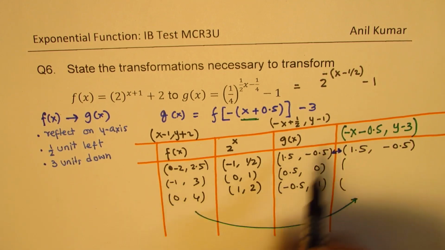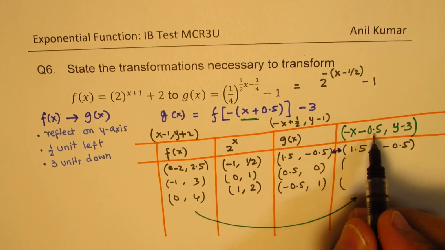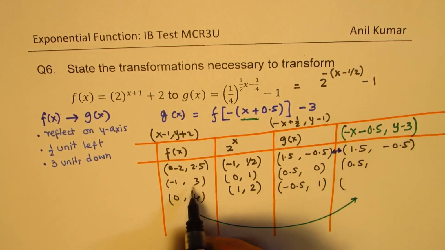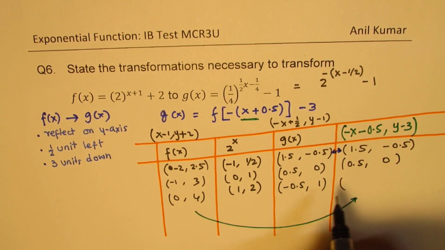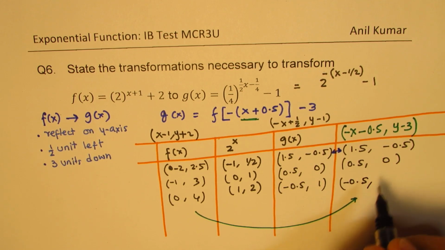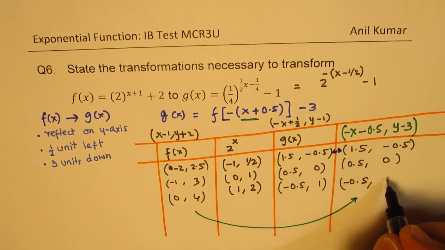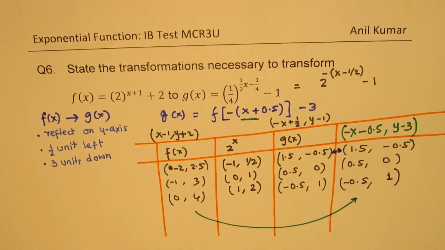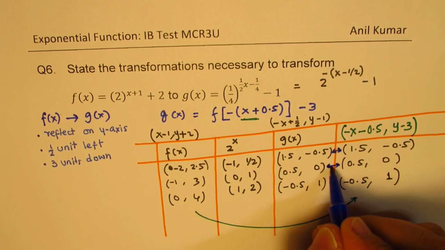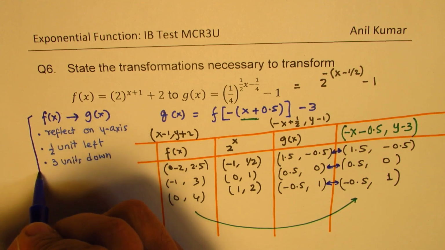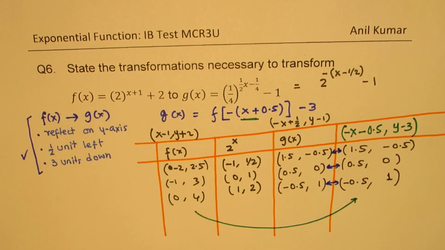With negative 1, it becomes positive 1, and take away half will be positive half. So we get 0.5. And taking away 3 from 3 leaves 0. And on 0, we get negative 0.5. And taking away 3 from 4 is 1. So we see that all these points match. Do you see that? So we have verified that this transformation which we wrote here is absolutely correct.